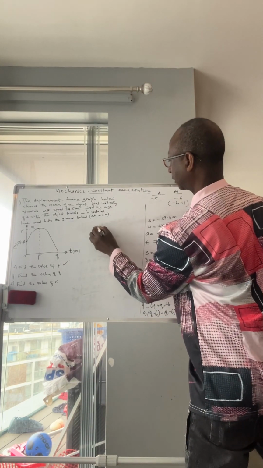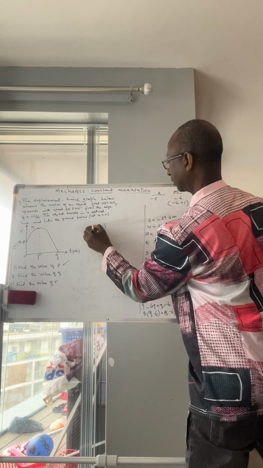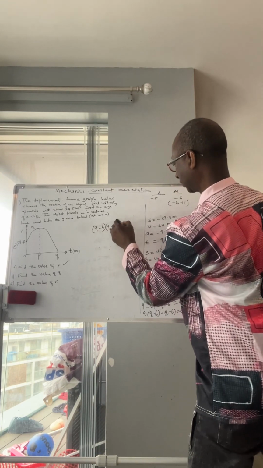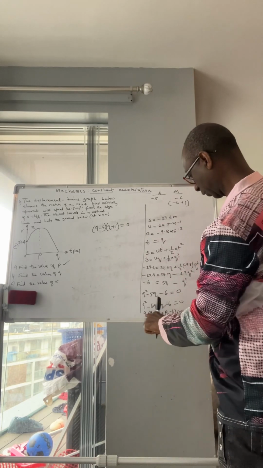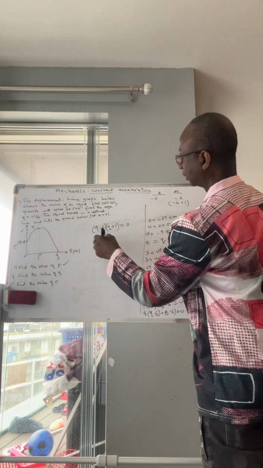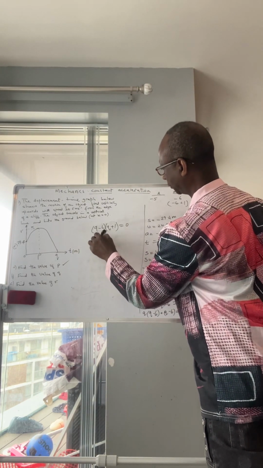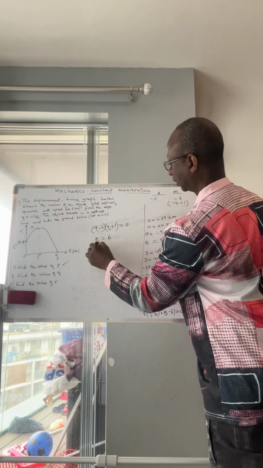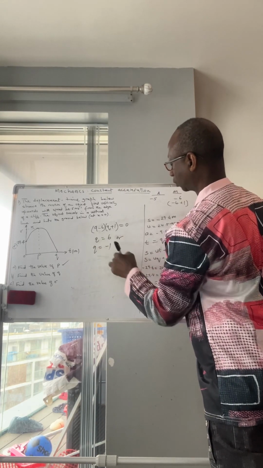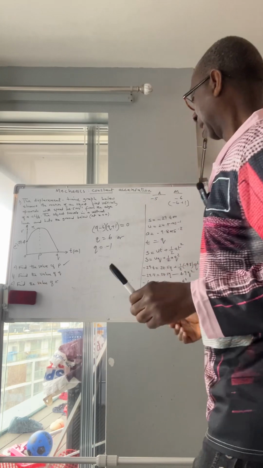You will have now q minus 6 and q plus 1 equals 0. And which means q equals 6 or q equals minus 1.